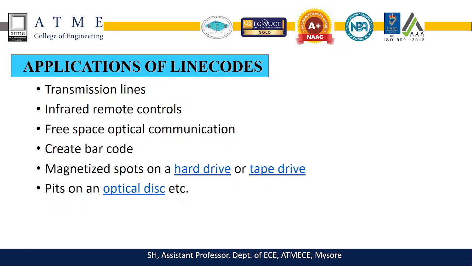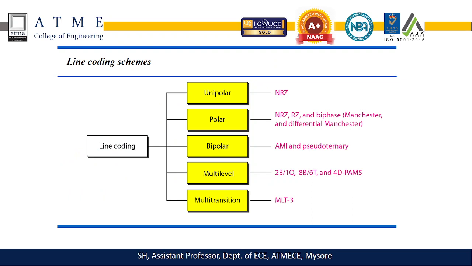Since it has all these advantages, it can be used in a number of applications such as transmission lines for transferring data, infrared remote controls, free space optical communication, and it can also be used to create barcodes, magnetized spots on a hard drive or tape drive, and bits on an optical disc, and there are many more applications using line codes.